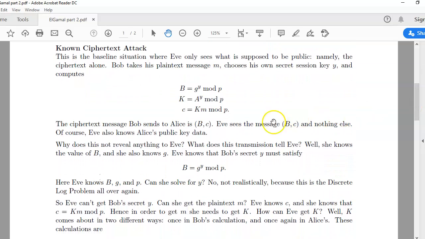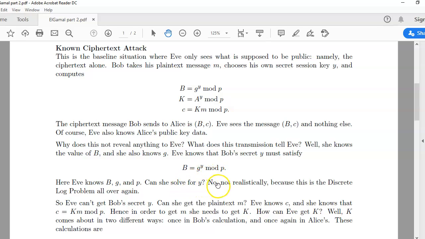Let's see. What does all this data tell Eve? Well, she knows B, because that was transmitted to Alice. And she knows G because it's public. Eve also knows that Bob's secret Y, whatever it is, has to satisfy the equation B equals G to the Y mod P. So Eve knows B, G, and P. Can she solve for Y?